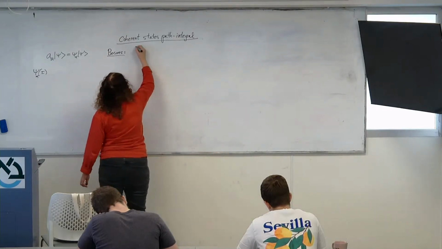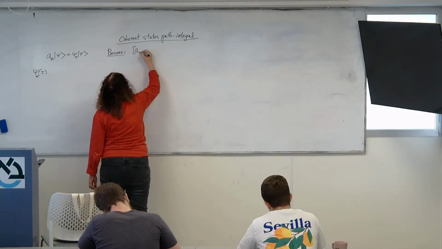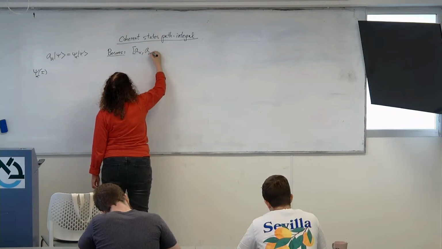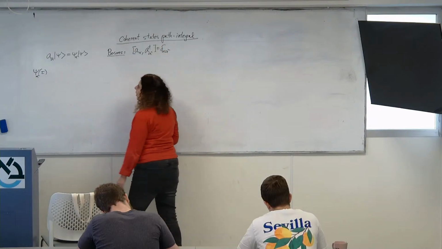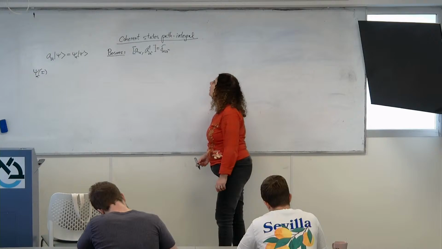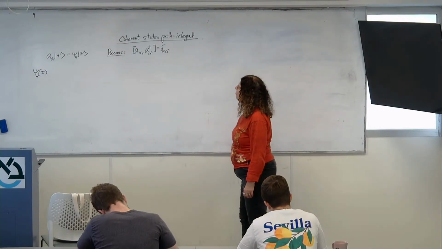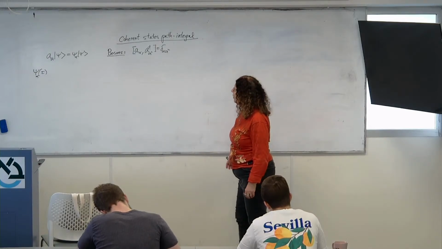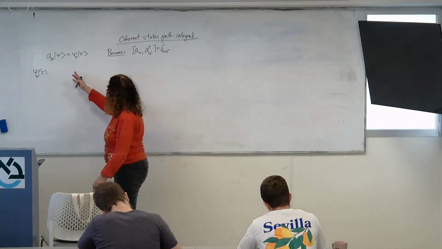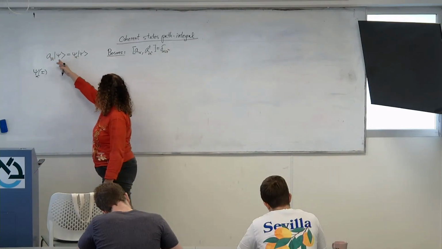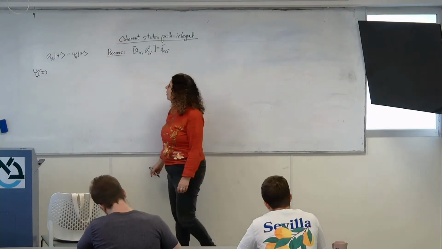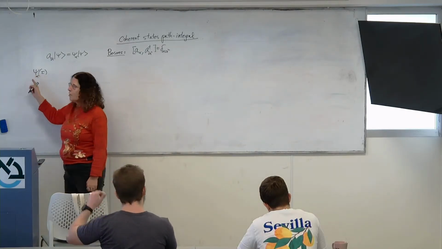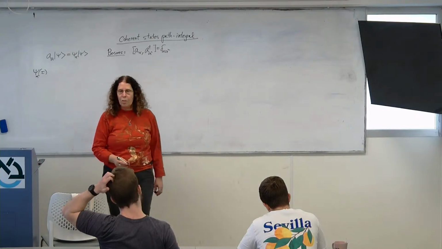So for bosons, we have the commutators of A and A dagger, and the coherent states are defined as eigenstates of the annihilation operator, and the psi fields are complex.